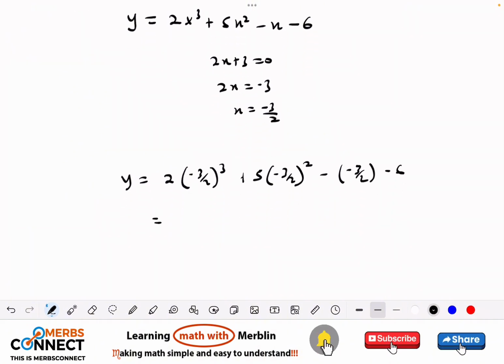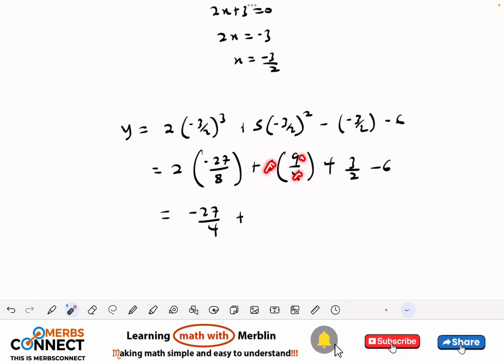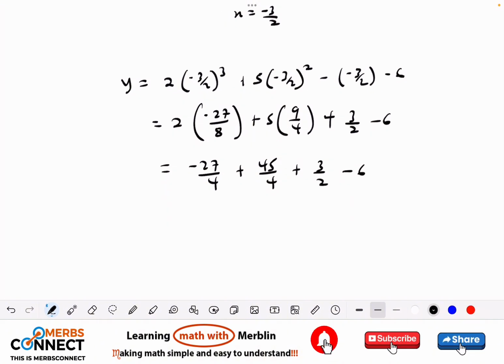So let's do that. Minus 3 to the power 3 is minus 27 divided by 8, which is true, plus 5 times, this is going to be 9 over 4, plus 3 over 2 minus 6. So let's see if this is 0. 2 cancels this one 4 times, so this will be minus 27 over 4, plus, we cannot cancel, so 5 times this is going to give us, I think, 45 divided by 4, plus 3 over 2 minus 6.